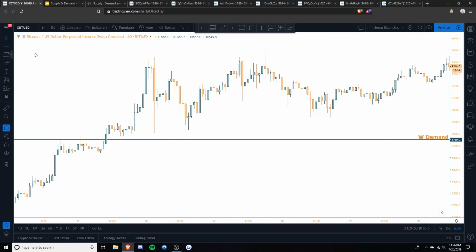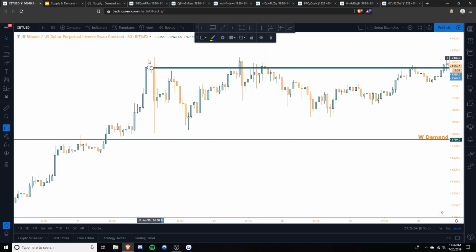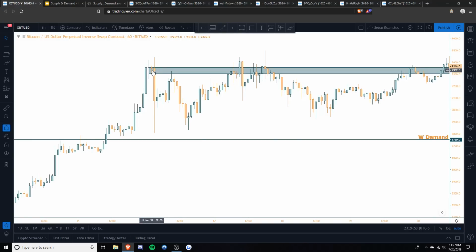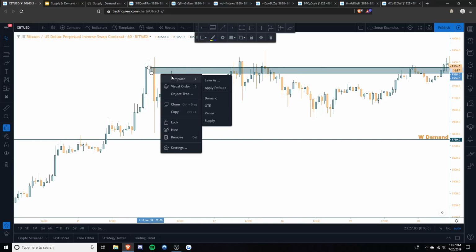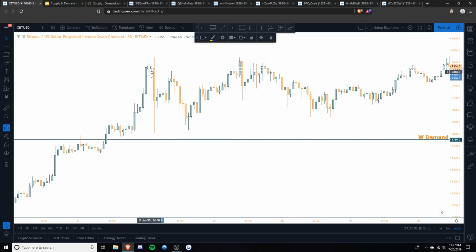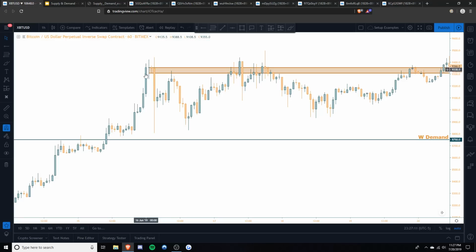So probably drop this down to a lower time frame, because with these dojis you get consolidation most of the time. It's price pushing up and lower, but you'll get consolidation right at this high, and then it went lower, so it's most likely a supply zone right there.